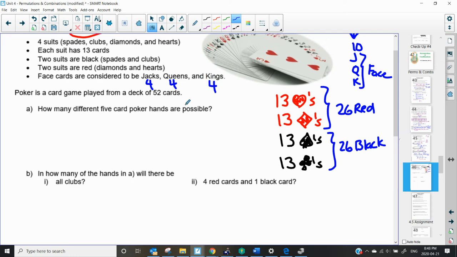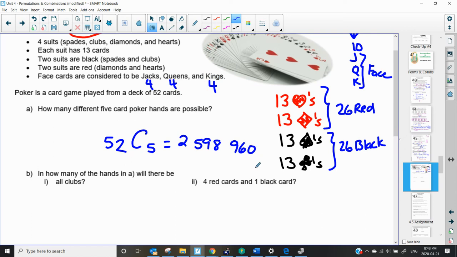And the answer is no. So order doesn't matter. So all of these questions are going to relate to combinations. So how many different 5-card poker hands are possible? Well, there's 52 cards. I'm choosing 5 of them. So that means there's 2,598,960 different 5-card hands that you can have, which is quite a few.